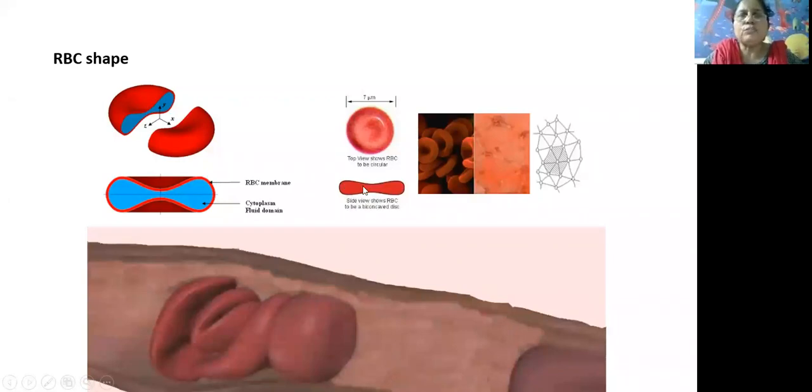That is why it is biconcave. Because of this shape, it squeezes easily into the capillaries. From the arterioles, it can enter into the venule. So the biconcave shape is very, very important, and that is maintained by the membrane.